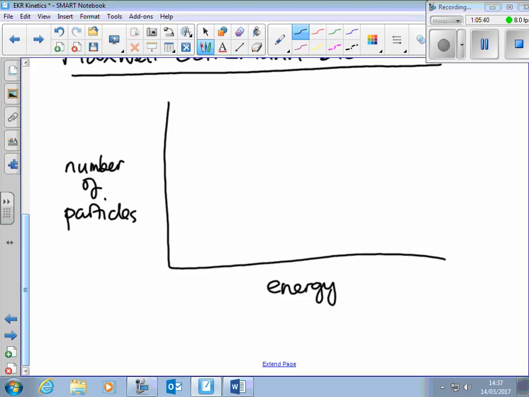You can't have particles with an energy less than 0, and probably we wouldn't have any with 0, but we usually start it down there, and most of them come into this category. But then you get a tail off. Some of them have got very high amounts of energy, some have got moderate amounts, and some have got very little energy. The important thing is the number of particles involved.